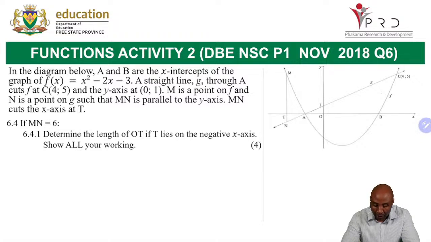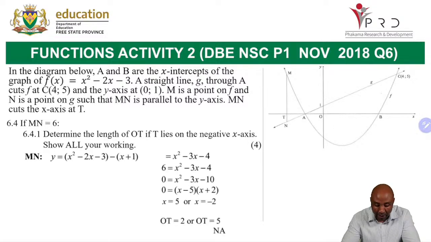It is 6 units. So we have to show that. So we subtract the two functions, we subtract g of x from f of x, and that should give us 6 as the distance MN, and it will give us x squared minus 3x minus 4.